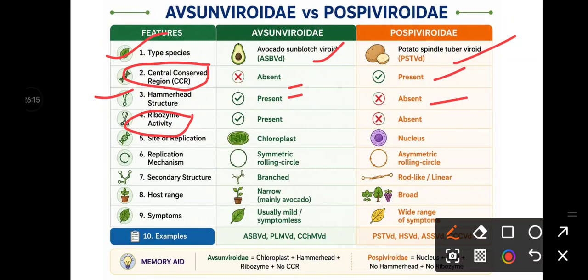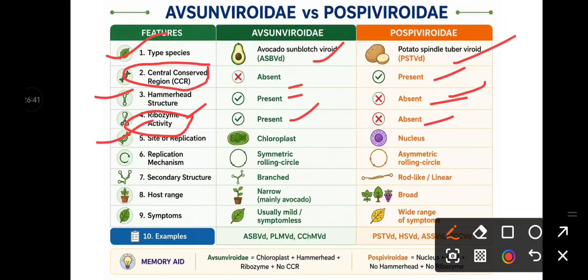For self-cleavage, it needs ribozyme activity during replication. So ribozyme activity is present in Avsunviroidae. But as the hammerhead structure is absent in Pospiviroidae, it does not require any type of ribozyme activity, so it is obviously absent in Pospiviroidae.